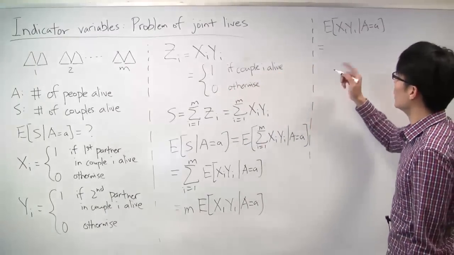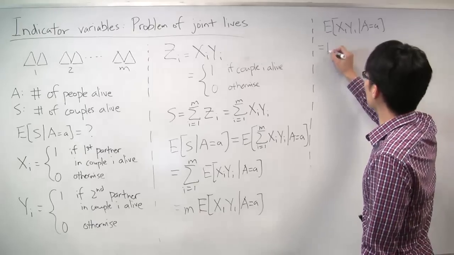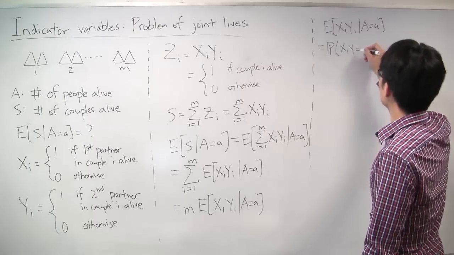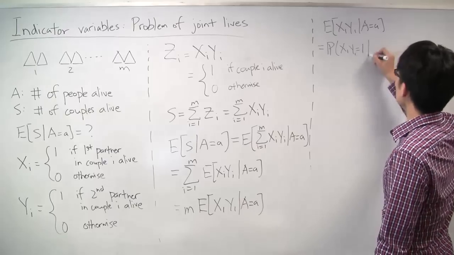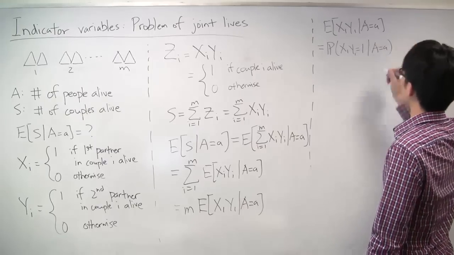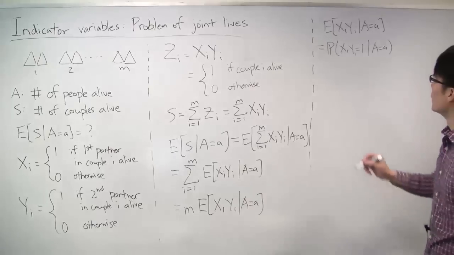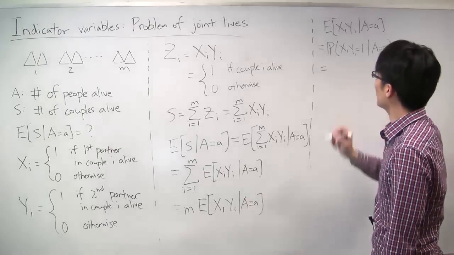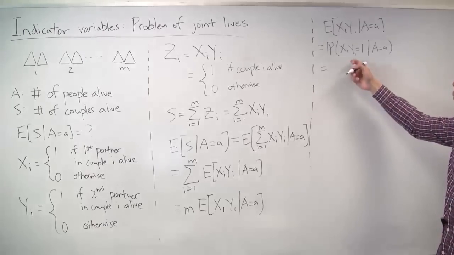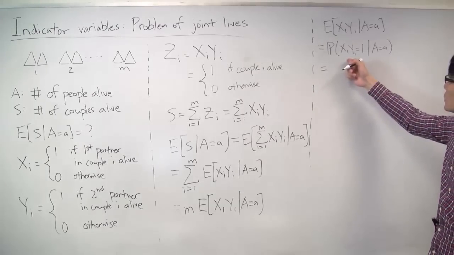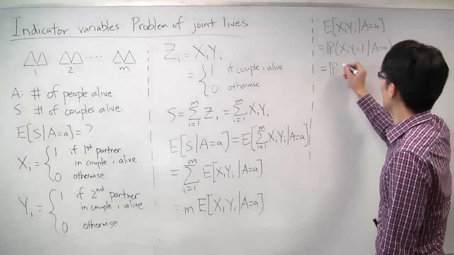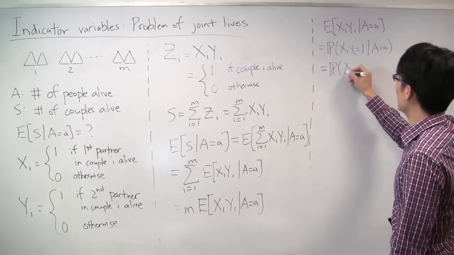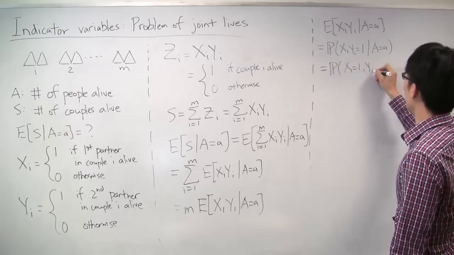And so it's really just equal to the probability that X1 Y1 equals 1, given that A is a. Now, what is this equal to? Well, X1 times Y1 can only equal 1 if X1 equals 1 and Y1 equals 1.